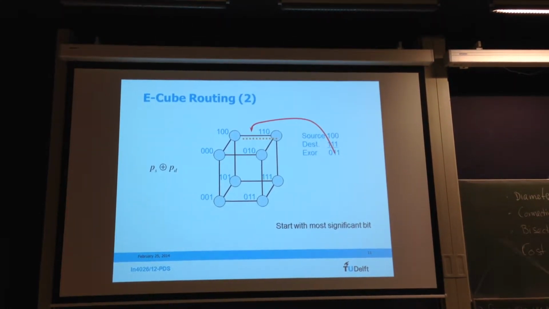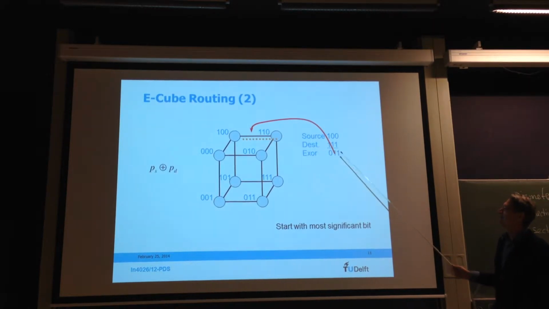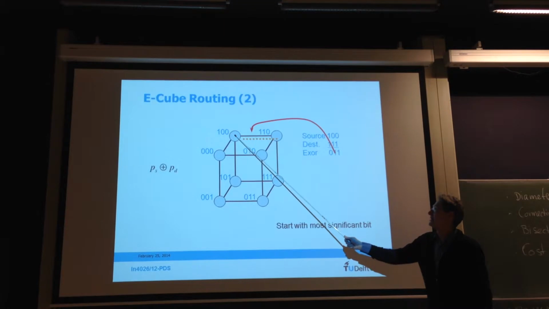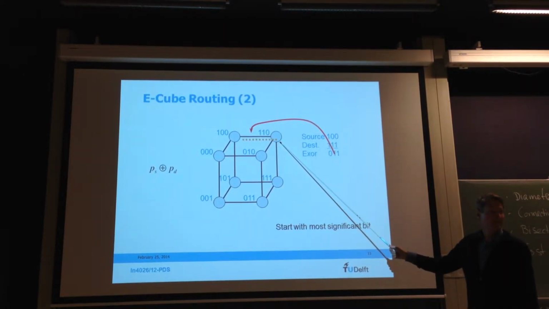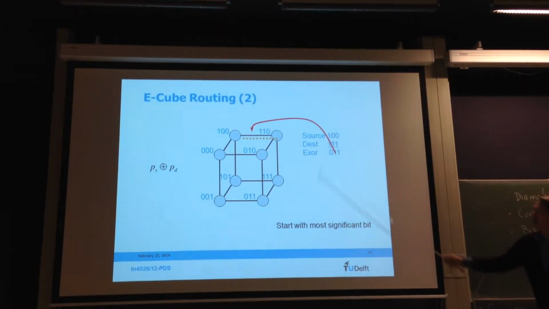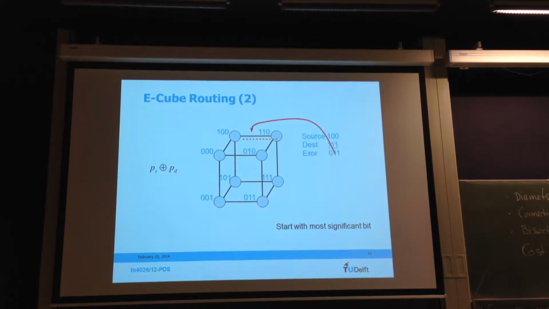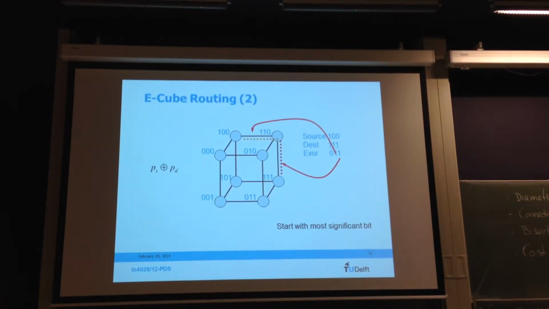The first one you don't do anything. Then you hit this one, meaning that the plane you have to go through is this way. And then you have the last one, and the last one is going down. Right? So that is E-cube routing.